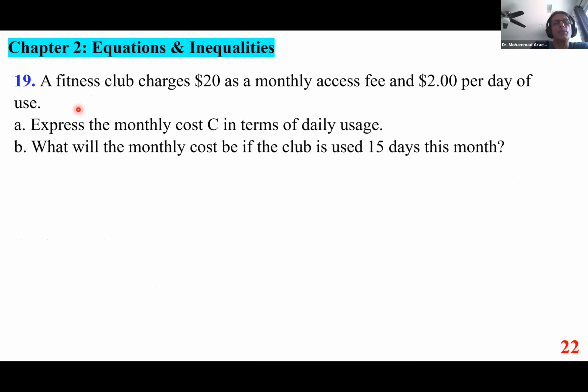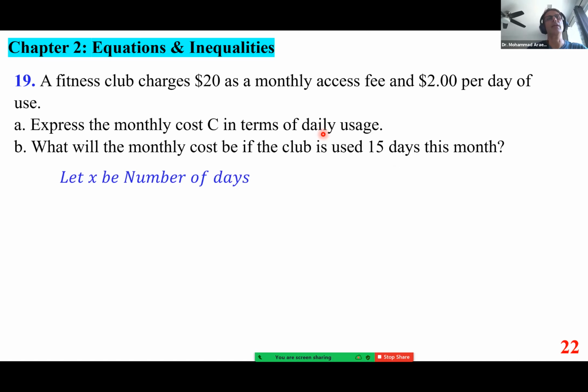A fitness club charges $20 as a monthly access fee and $2 per day for use. Express the monthly cost in terms of daily usage. What will be the monthly cost if we use it for 15 days? So we let a variable of interest such as x represent the number of days, and therefore we want the cost.